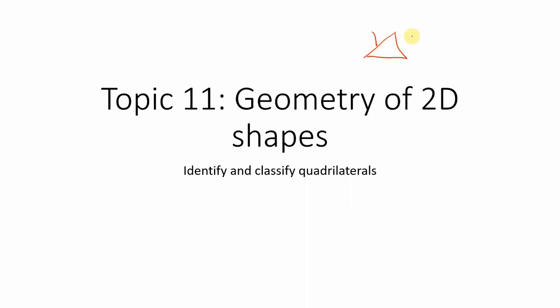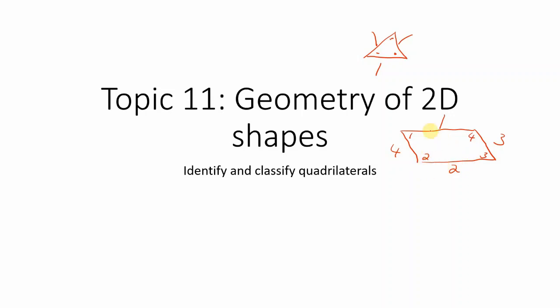So we have 1, 2, 3 sides, 1, 2, 3 angles. A quadrilateral has 4 sides and 4 angles. So it's 1, 2, 3, 4 sides, 1, 2, 3, 4 angles.